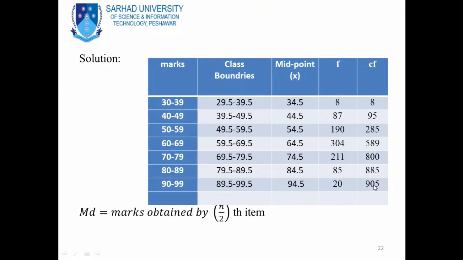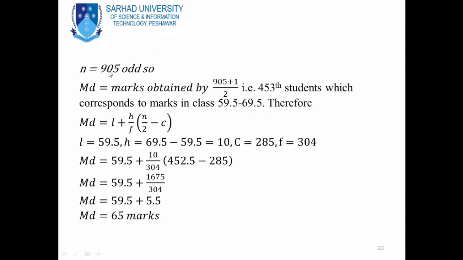Now obtain the position of the median, n by 2, because there is an even number of total values. You see over here the n is 905. So for the median position, 905 plus 1 divided by 2, we obtain the 453rd position.